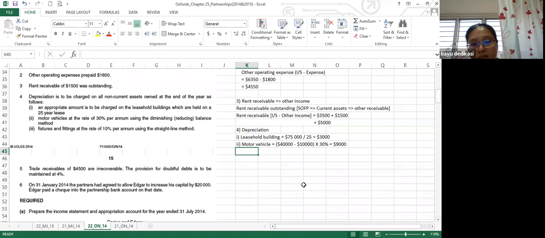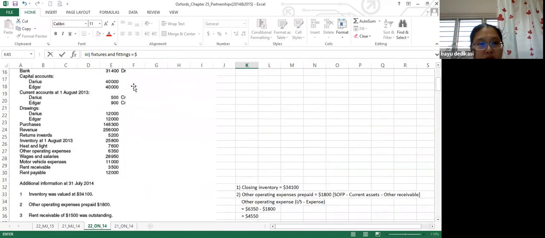Okay, and then number 3 information, fixture and fittings. Fixture and fittings is 10% straight line method.